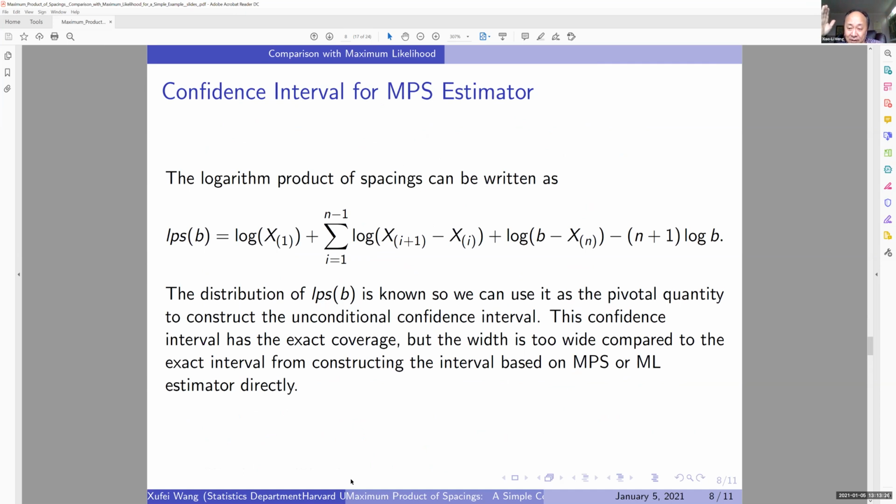Except that we do the constant calculations conditioning on that ancillary statistic, which means anything involving only the ancillary statistic becomes constant. But the rest of the calculation becomes the xn, the maximum order statistic, conditioning on that quantity. So it's a different calculation. Because I'm just comparing this LPSB definition on this page and the next page. Right.